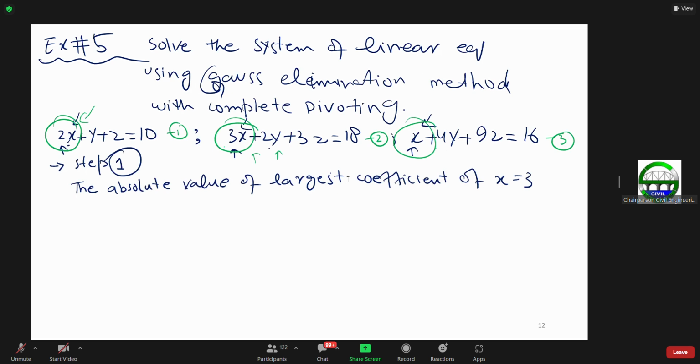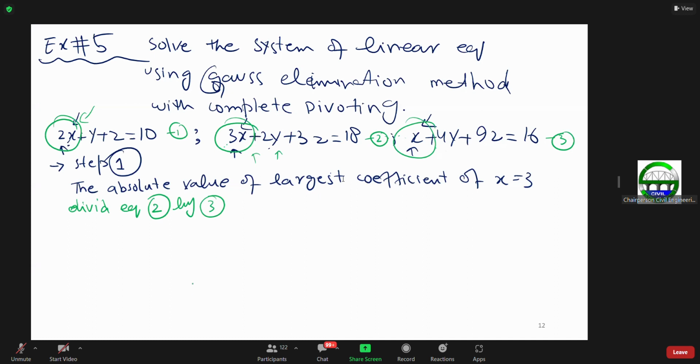So what we can do here is divide equation number 2 by 3, right? Because if we divide this one, we can get the value of x.